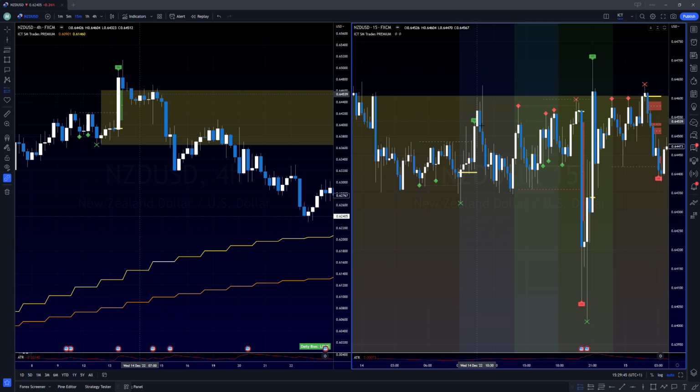So after market structure shift, we would set limits, so we would set alert for long market structure shift trades, and when this forms, we would get alert, and we would set buy limit here on the order block. We would set 1 pip below this liquidity grab.